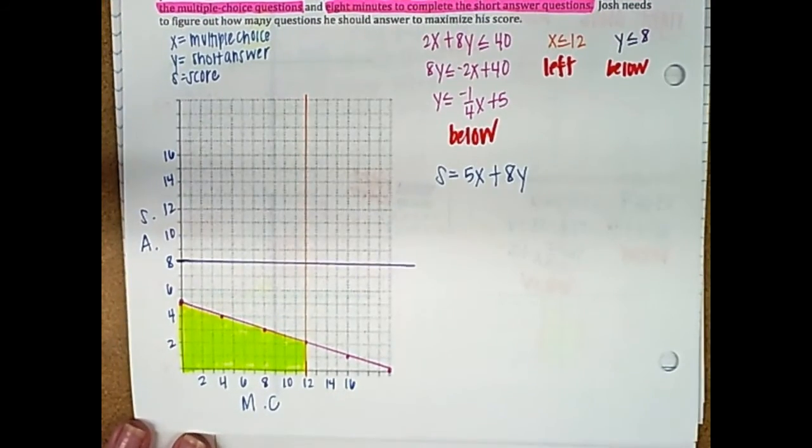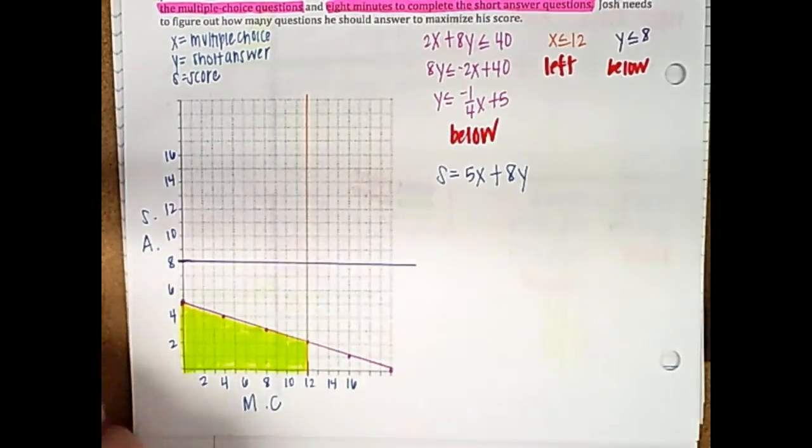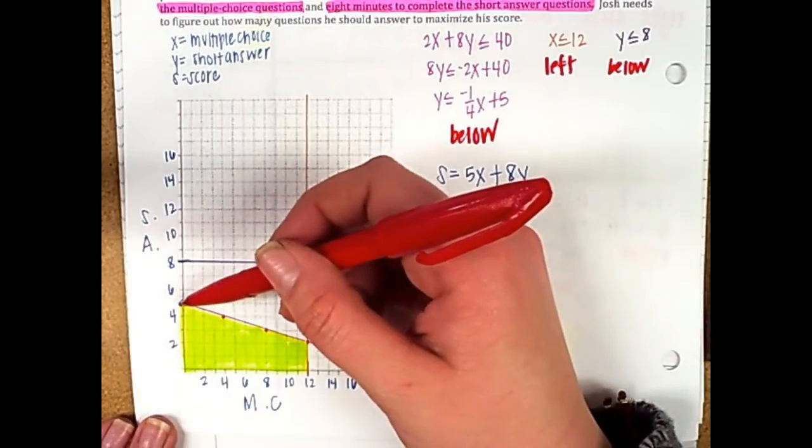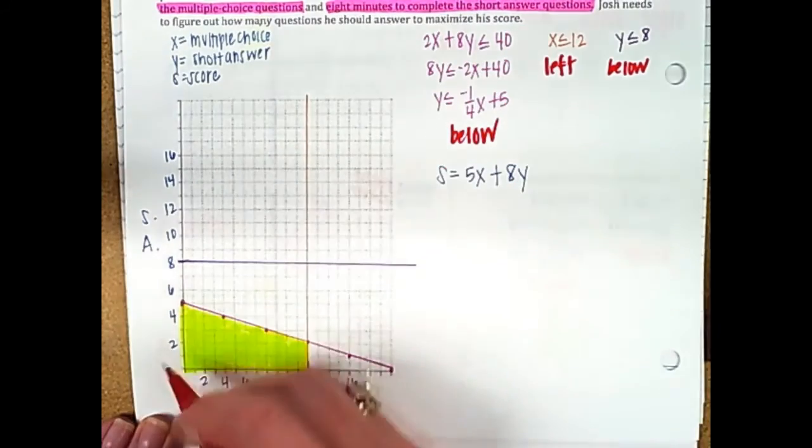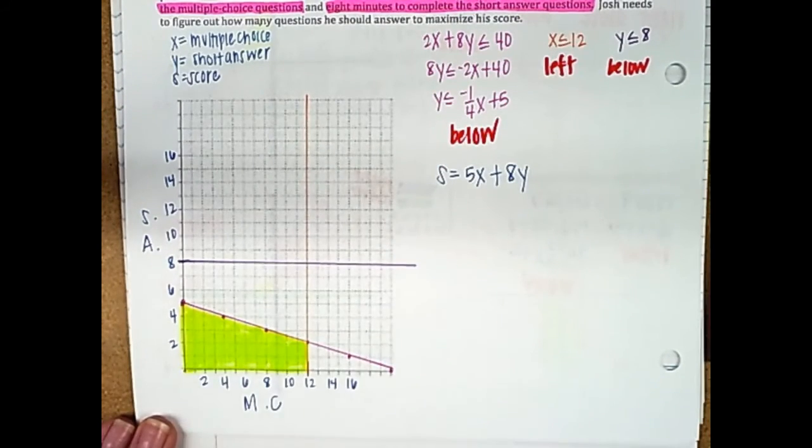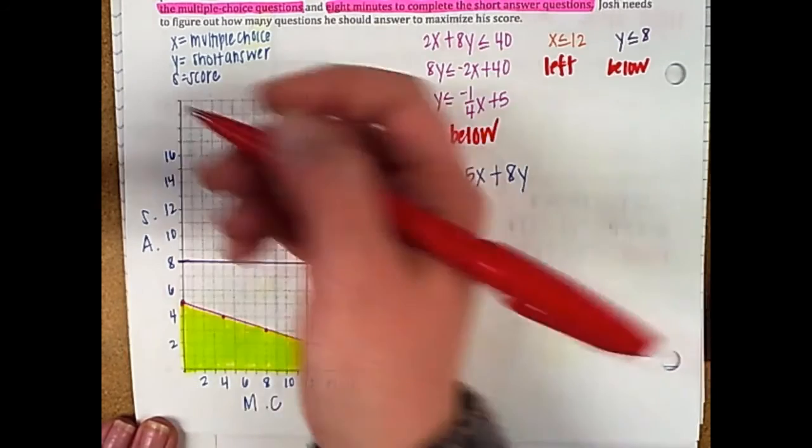Okay, so we need our points. And remember, we use the corner points of our shaded region. Now, one of my corner points is at 0, 0, but really, if he answers 0 multiple choice and 0 short answers, he's obviously not going to have that high of a score.